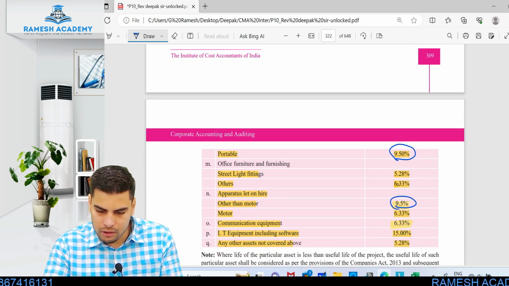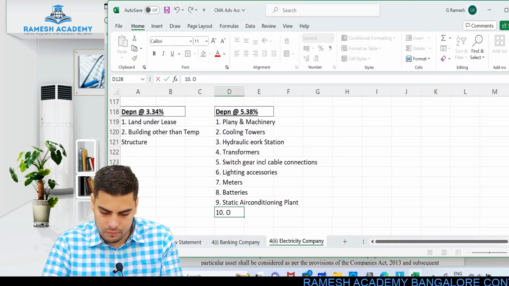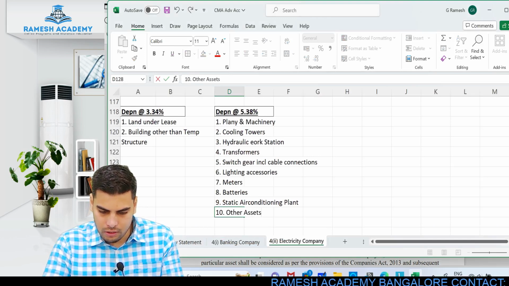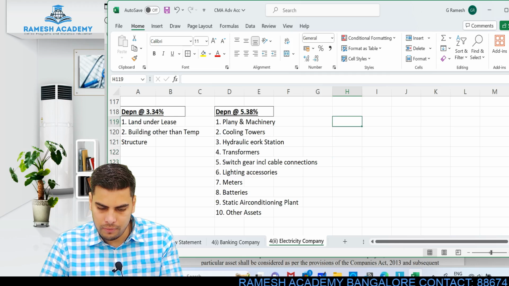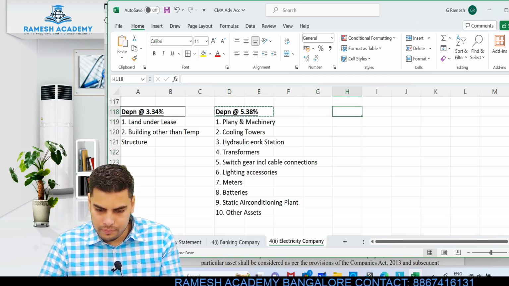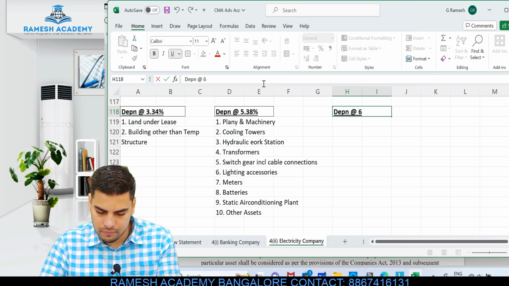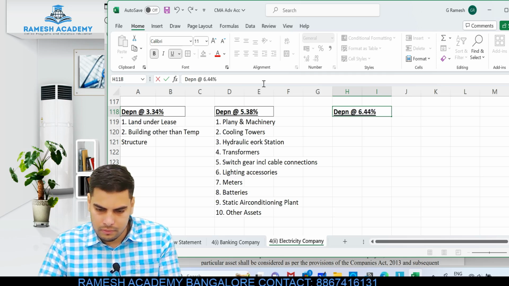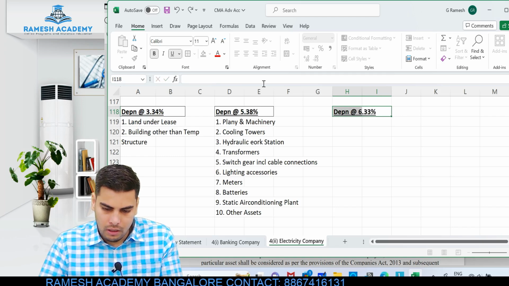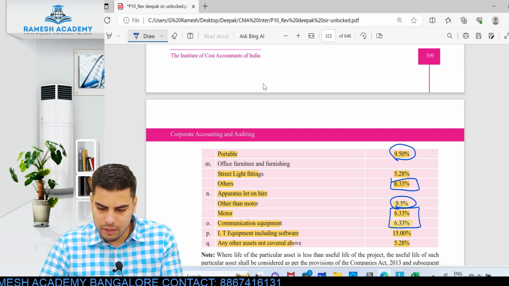Then we have 6.33 also for quite a few assets. Other assets not mentioned here would be 5.28. The next is depreciation at the rate of 6.33. For which assets will we charge 6.33? Very simple.